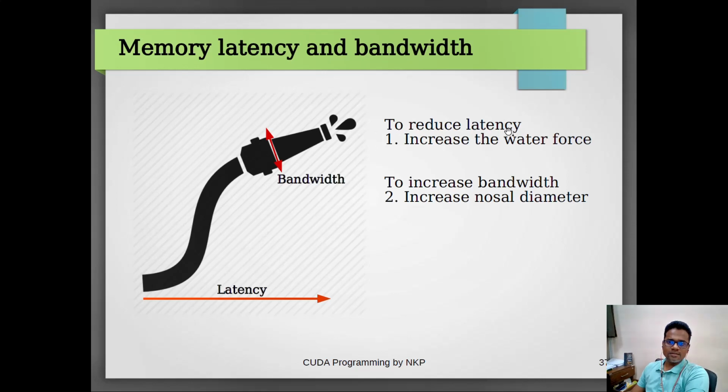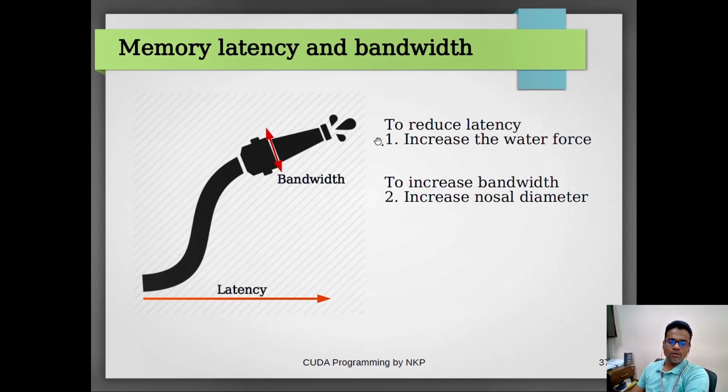So to increase the bandwidth, if you consider this water pipe here, we are going to increase the diameter of this nozzle. And if you want to reduce the latency, we want to increase the force with which the water is traveling through this particular pipe.